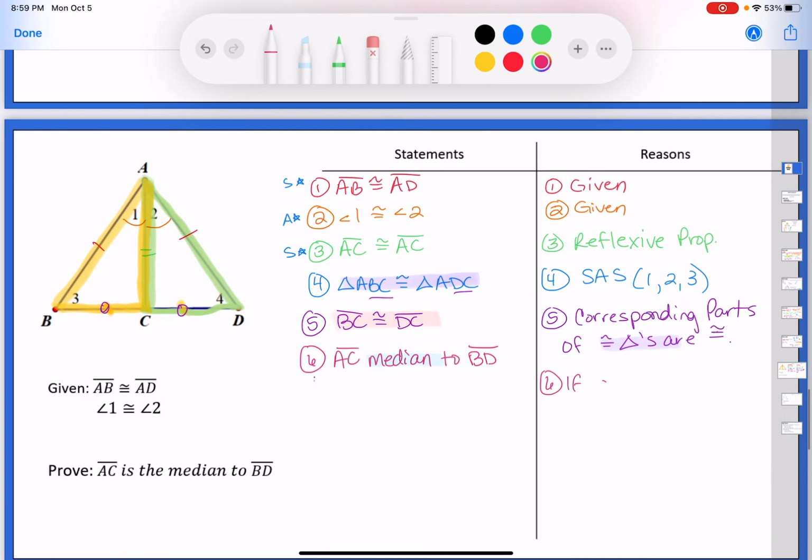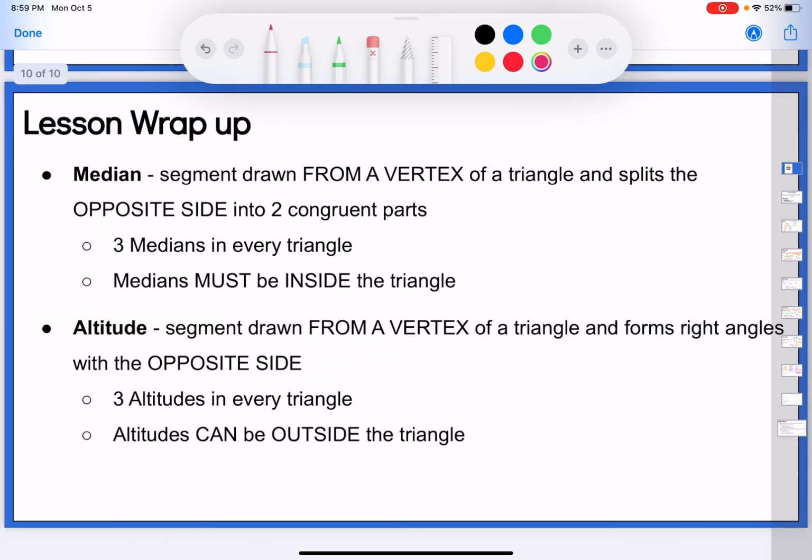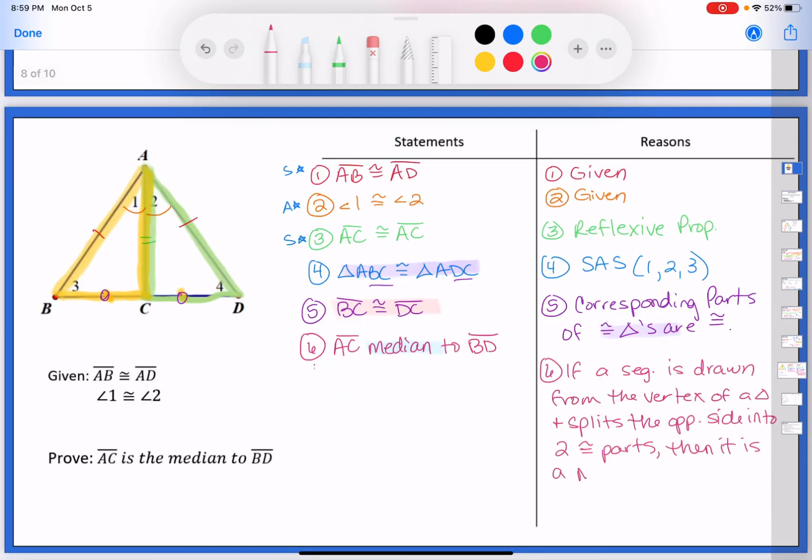So if a segment is drawn from the vertex of a triangle and splits the opposite side into two congruent parts, then it is a median.